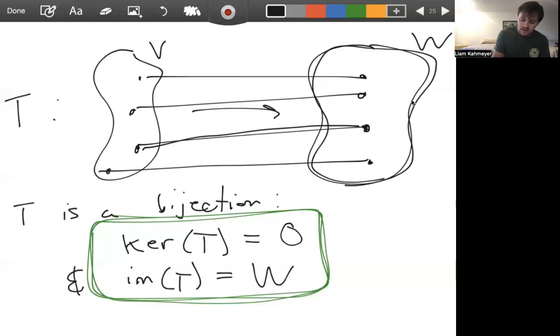This is exactly the idea of a bijection or an isomorphism, right? If you'd like to think about it in the context of vector spaces, it's the same space, but what you're calling elements of V and what you're calling elements of W are different, right? They're literally different in terms of whether it's a polynomial or a vector, but it's the same space, right? You can call it whatever you want.